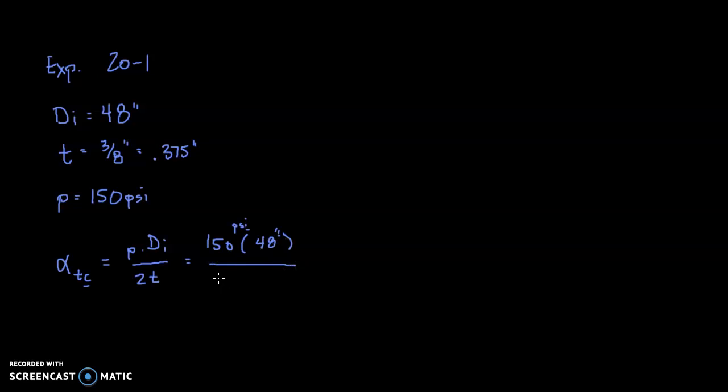Divided by 2t, and the thickness of the wall is 0.375. And so that equals 9,600 psi. And down here I've got inches as well.